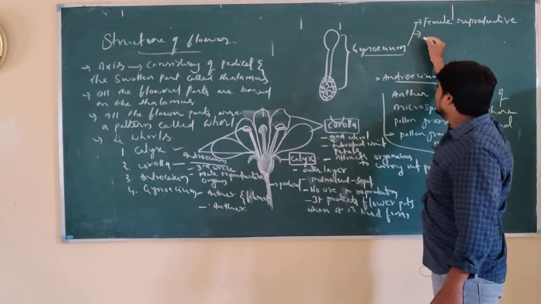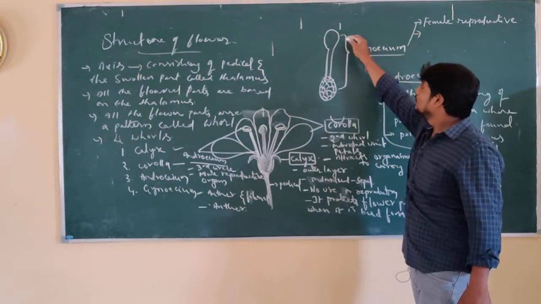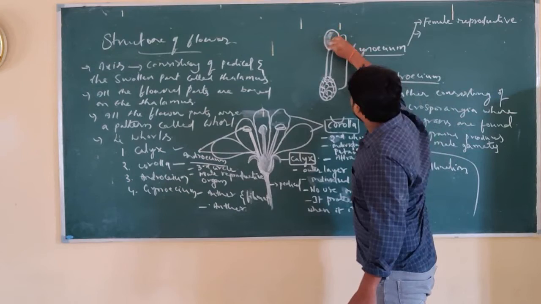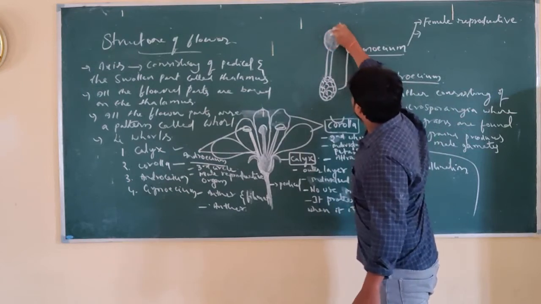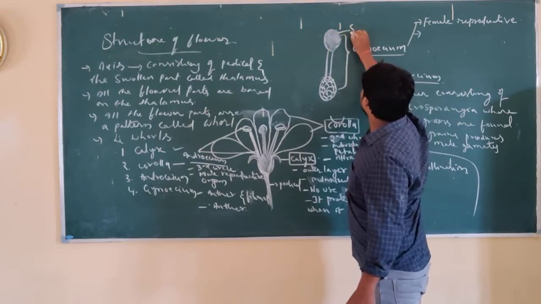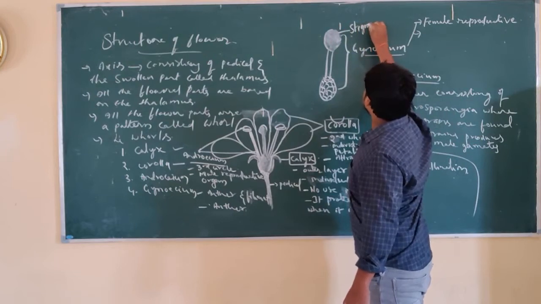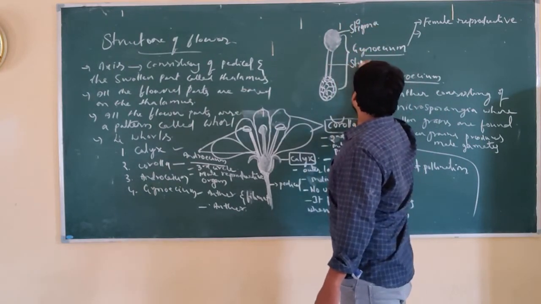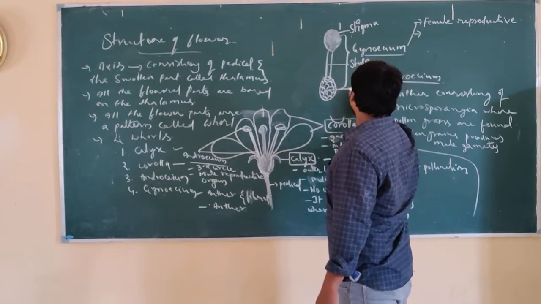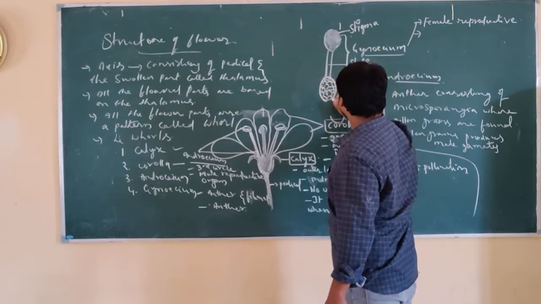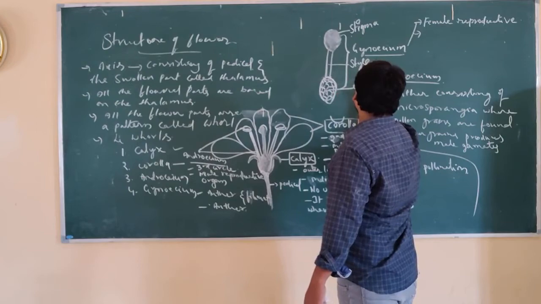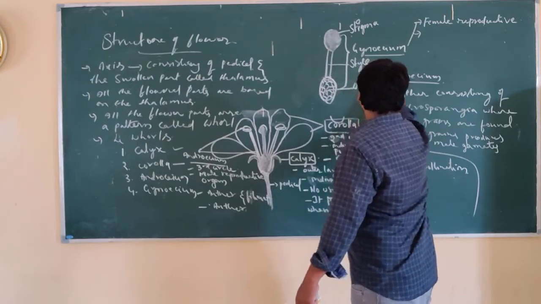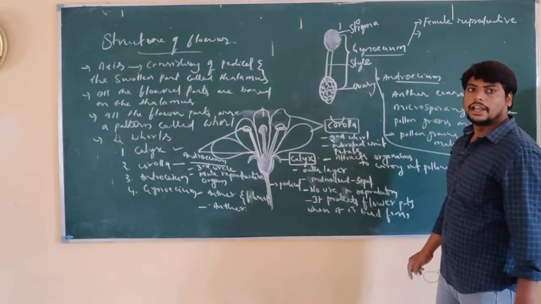And it is consisting of the swollen part called stigma, and the tubular part is called style, and another swollen part is called ovary. These are the three parts of the gynoecium.